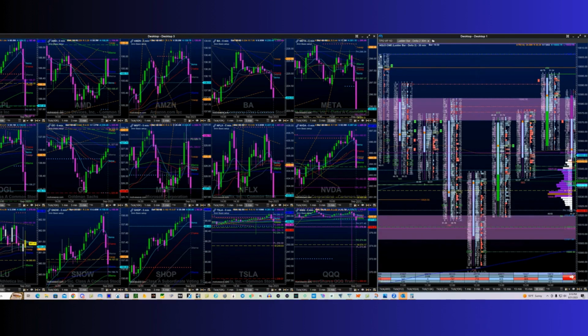So when we printed one up here at 10:30, and then price came down, and then we opened up here, we created an imbalance up here, and then we sold down to this low, and closed somewhere up here.